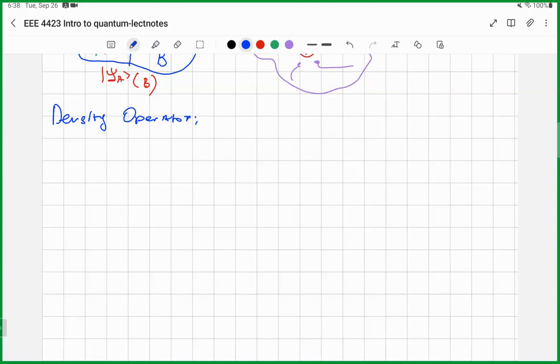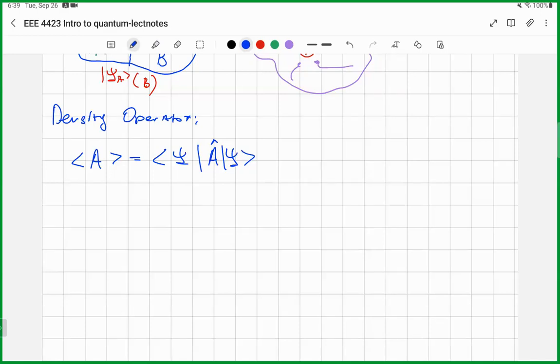And the expectation value for any observable A is given by the matrix coefficient: bra psi, which is the state, then the operator of the observable A, times psi ket.